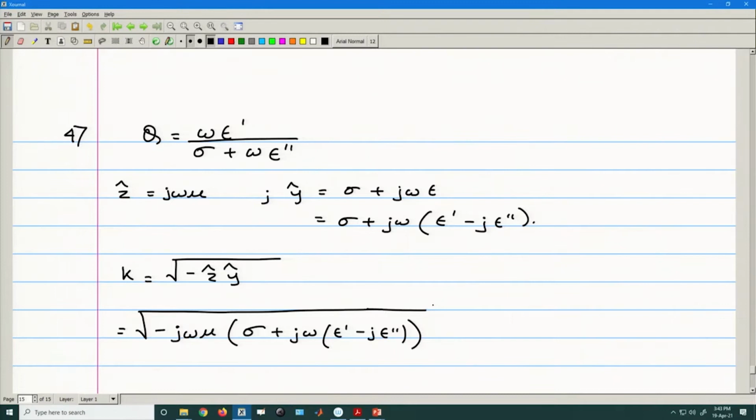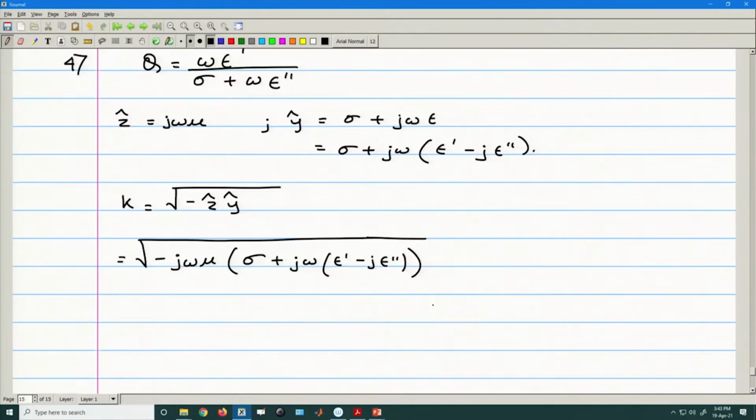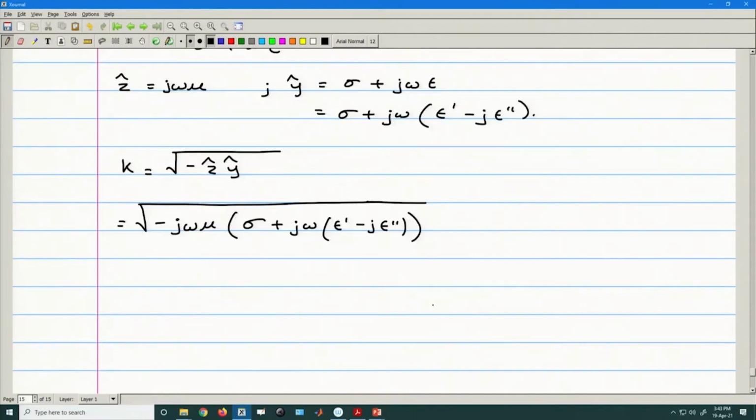Okay. Now, we will simplify this, just open up the braces. We will get minus of j omega mu into sigma plus j omega epsilon prime plus omega epsilon double prime.